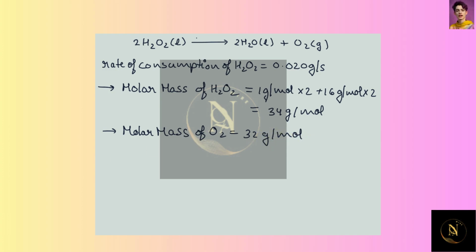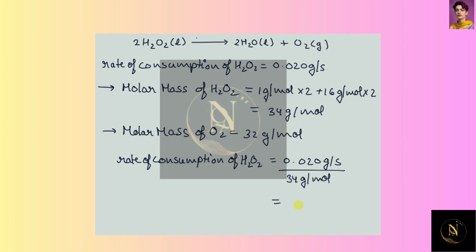So now we can find the rate of consumption of H2O2 in mole per second. Here the rate of consumption of H2O2 in mole per second is equal to, so here we'll divide the rate of consumption of H2O2 in gram per second, which is 0.020 gram per second, by the molar mass, which is 34 gram per mole.